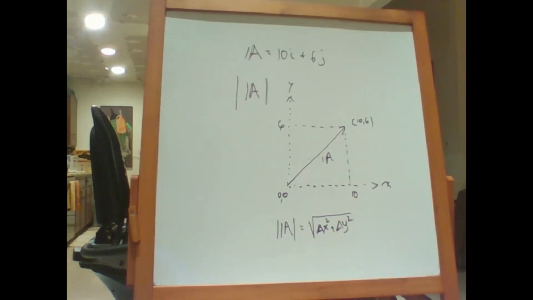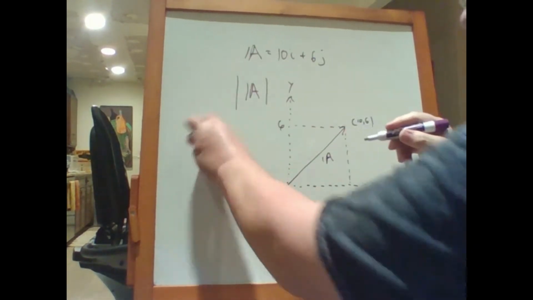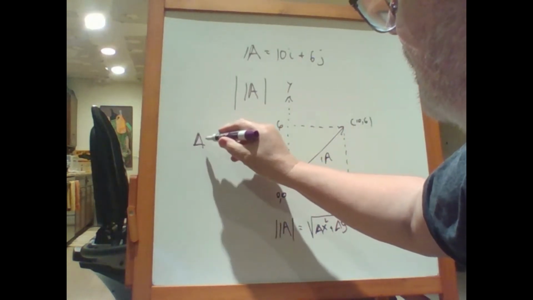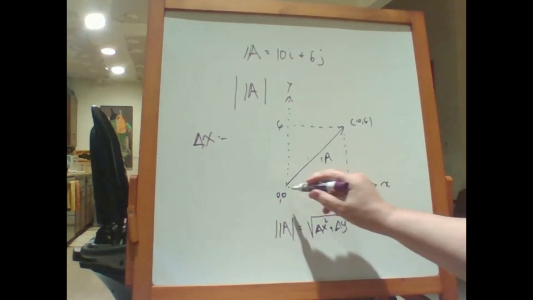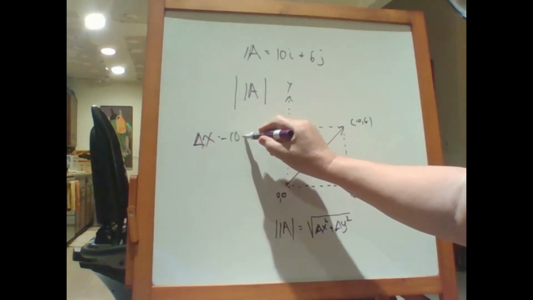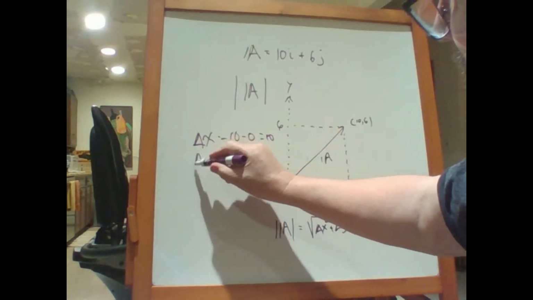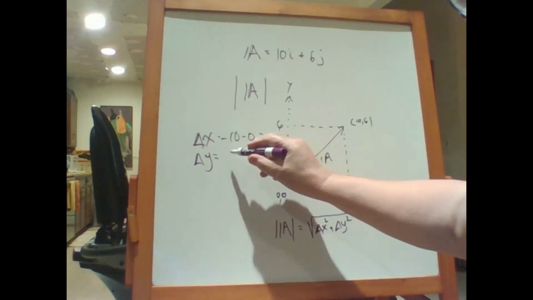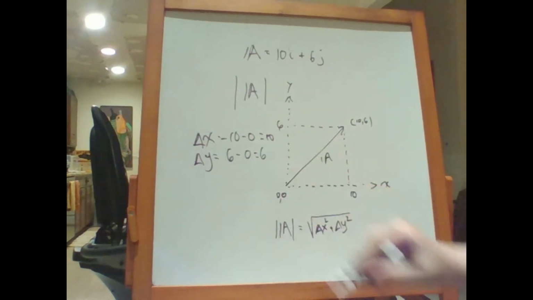What do we mean by delta x? In this case, it's 10 minus 0, which is 10. Delta y is 6 minus 0, which is 6.